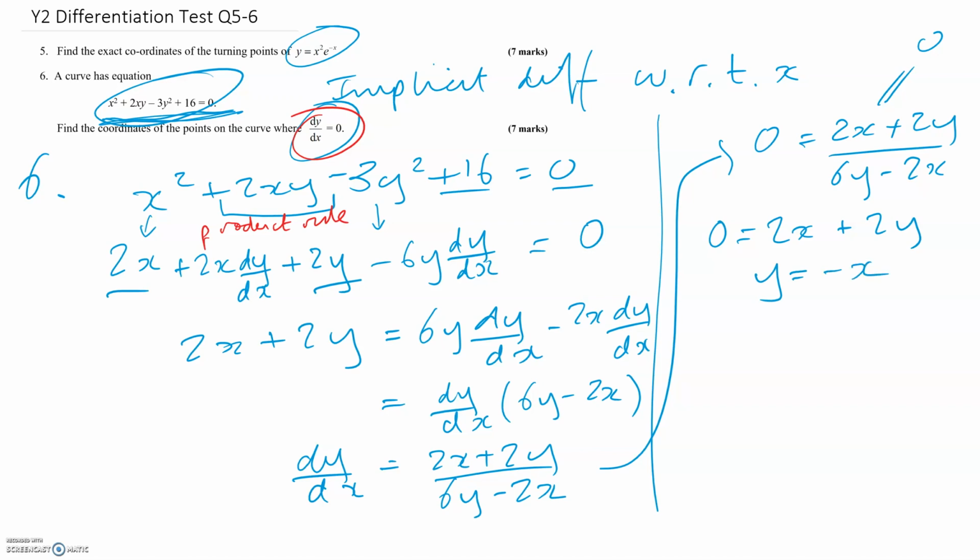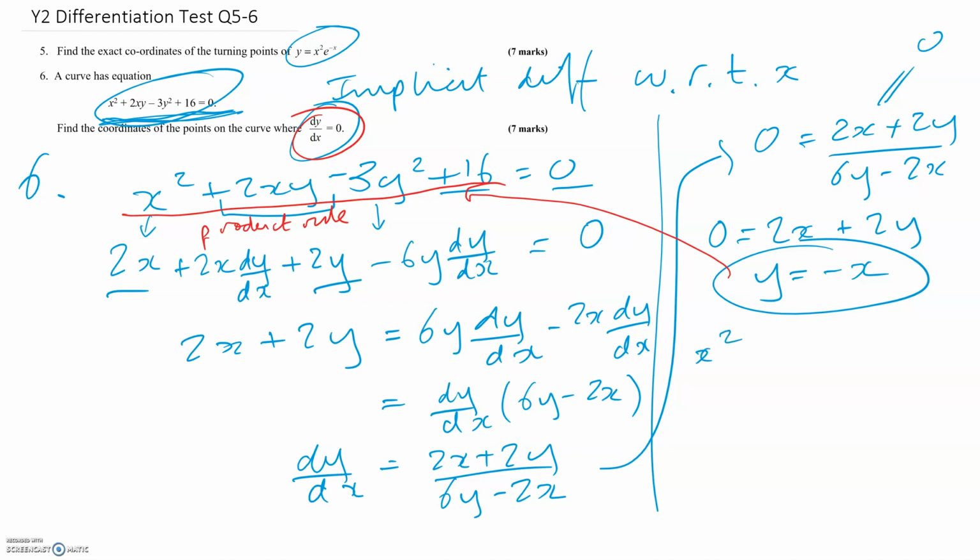Now if you substitute this all the way back into the original equation, we will have an equation just with x's in, which we should be able to solve once we've done that. So let's put that back into the original equation.